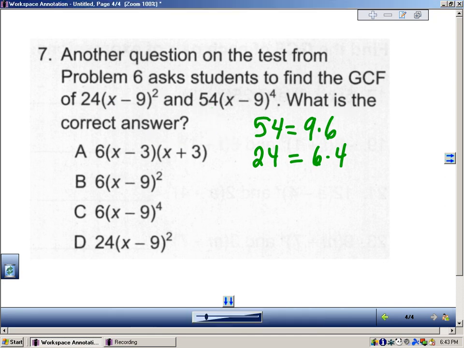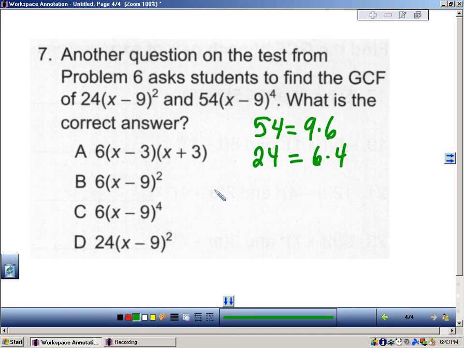So there are shortcuts if you can convince yourself that that is the greatest common factor of the coefficient. And I did. 6. 12 doesn't work. 12 does not go into 54 either.